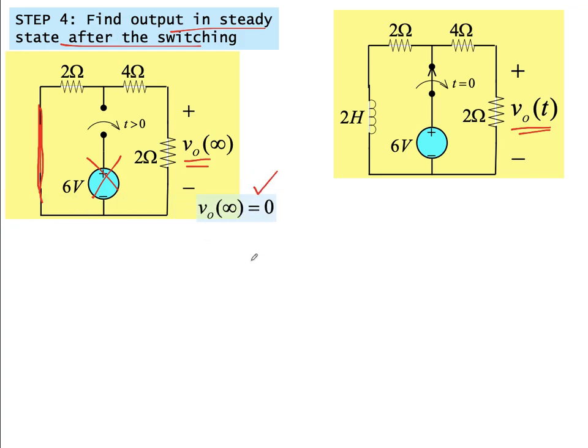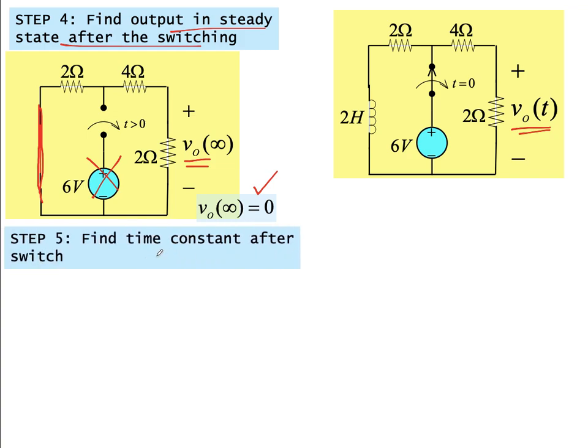Now we need to find the time constant. For the time constant after switching, we analyze the circuit and see if there are any independent sources. Since there are no dependent sources, we don't have to worry, because we can just find the value of R Thevenin by putting all the sources equal to 0 and looking through the terminals of the capacitor or inductor.